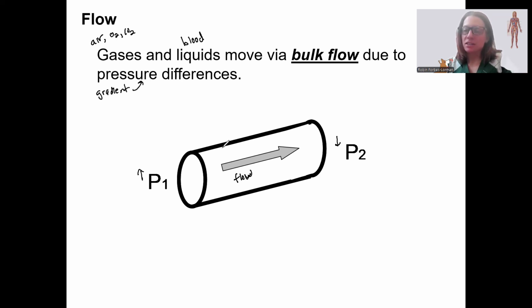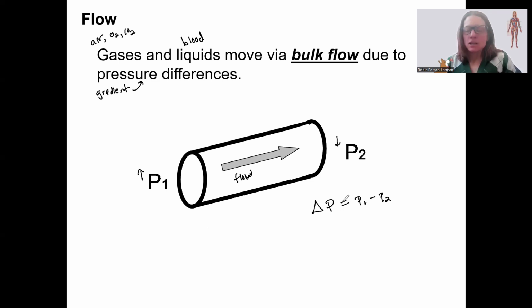So this gradient allows for that passive flow when you have a pressure difference. The difference between pressure 1 and pressure 2 would be delta P, right? In this case, it would be P1 minus P2. Usually the bigger number would be first.